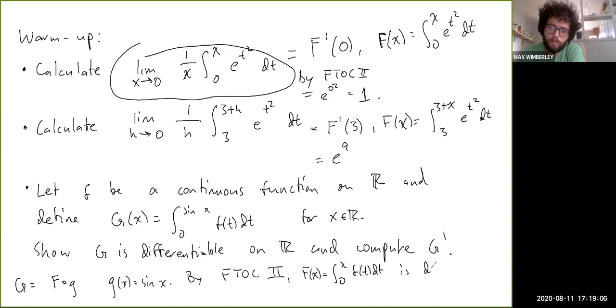And this is differentiable on R. So then by the chain rule, g is differentiable on R.